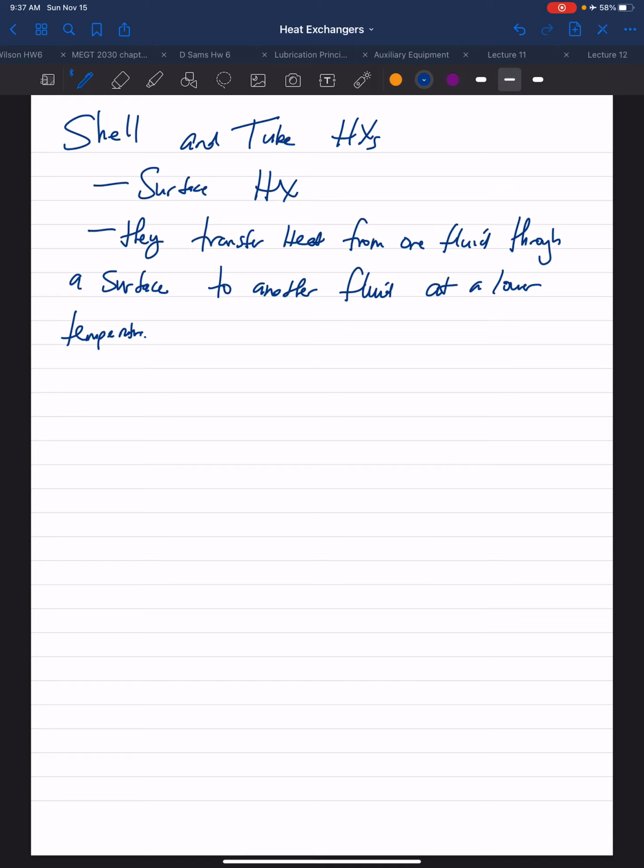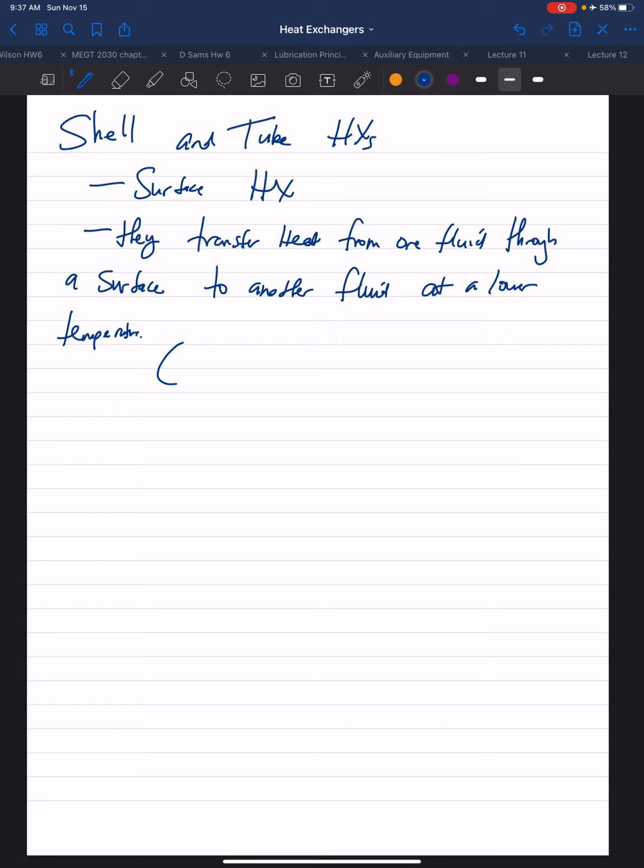Examples of shell and tube heat exchangers in a power plant would be feed water heaters or condensers.